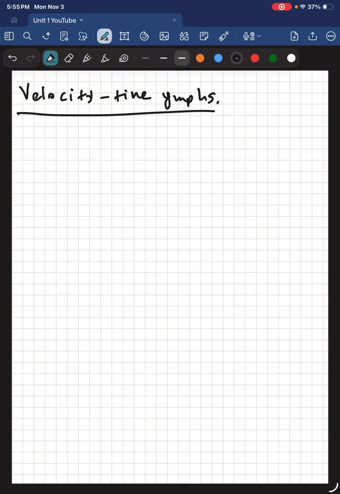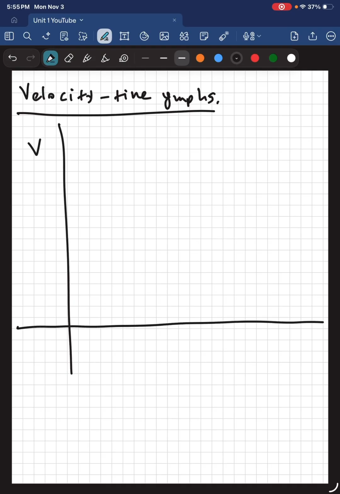So they might look like this, so V and T. So maybe something like this. Actually, let me use a different color. It will help to see what's going on visually. So maybe something like this might be a velocity time graph, sorry. So something like this.